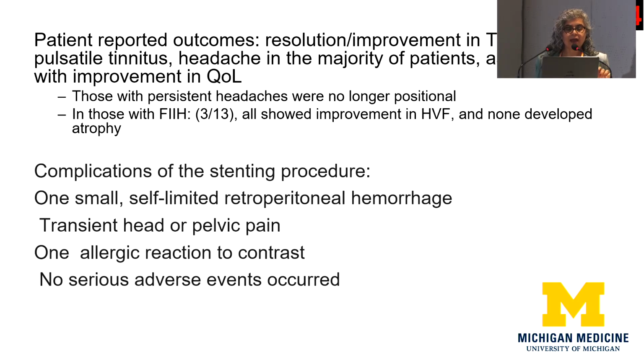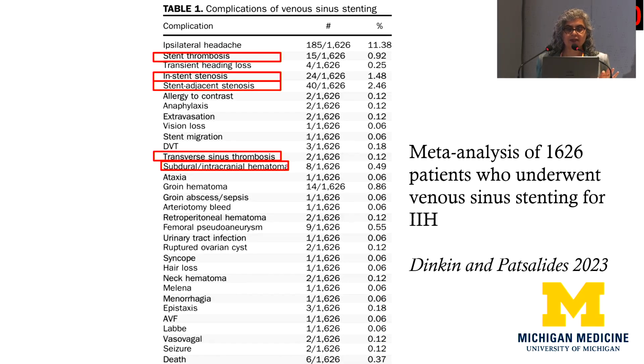That's the prospective study. But if you look at the meta-analysis of 1,626 patients who underwent venous sinus stenting for IIH, stent thrombosis, in-stent stenosis, stent adjacent stenosis, transverse sinus thrombosis, and subdural hematoma were somewhere in the range of 1% or less.